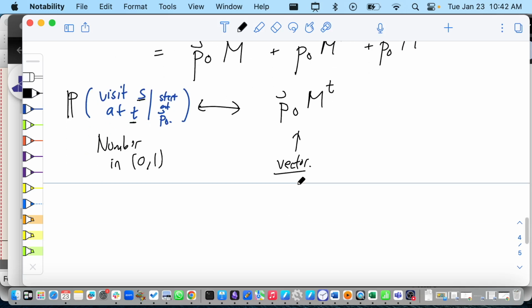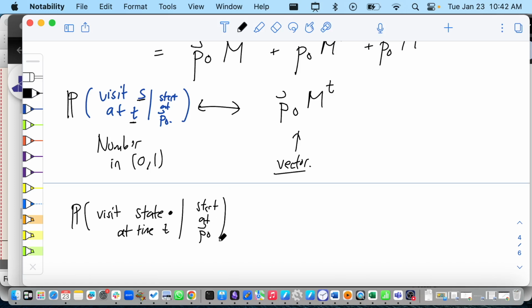You could say the probability to visit state dot, which is a thing people do, at time t, given you start at p0, that is now a vector. So instead of saying the state is state 1 or state 2, I take all of them at once. And that vector is literally equal to p0 times M to the t. It's the probability vector. We were calling this pt earlier in the course. So that's one way to solve it.